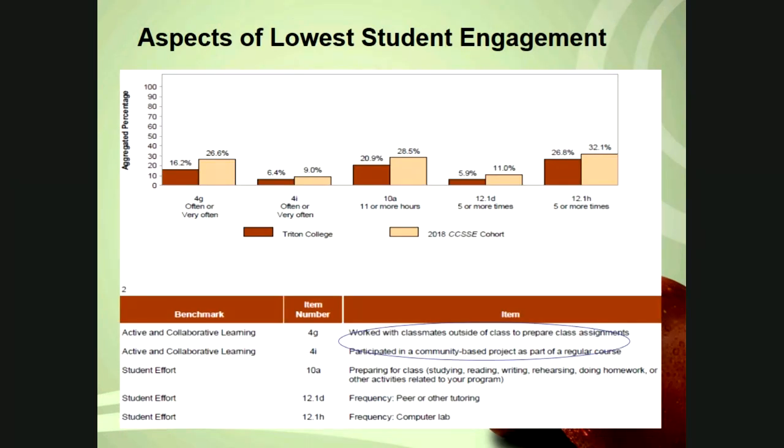And in the report, CCSSE shares some of the aspects of our lowest student engagement. Again, it's interesting to see, kind of sad to see. And I'm sorry, what you're seeing, the highlight should really be on the student effort 10A. And this is the item that we really score very low on. If you look at that survey question, you won't see the exact wording of it here, but it's asking our students, how much time do you really put towards studying, reading, preparing for class, doing homework and other activities related to your program?